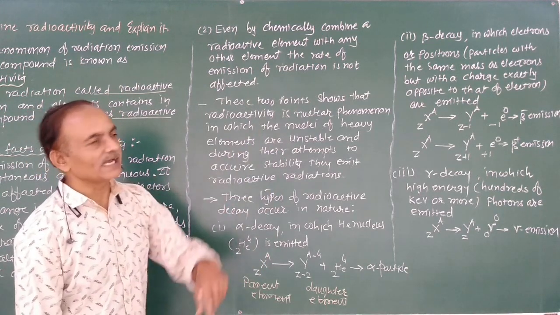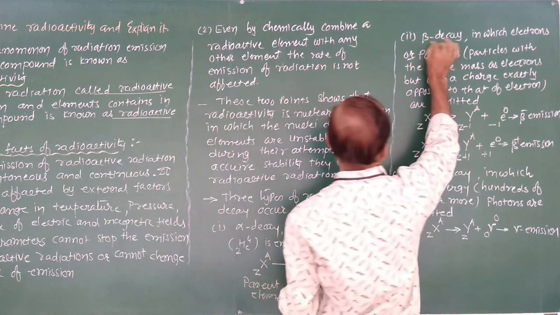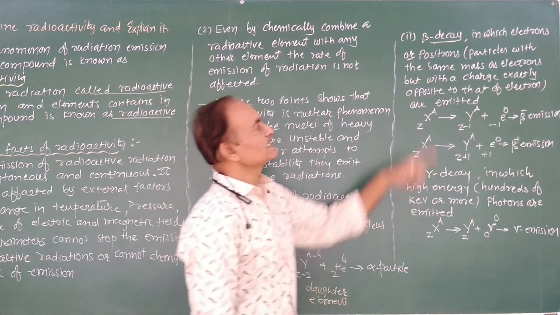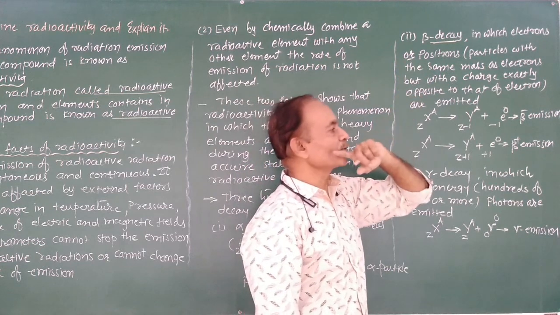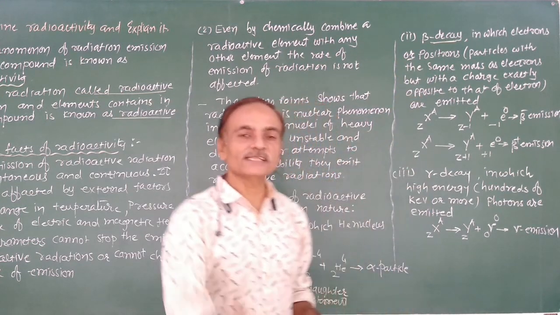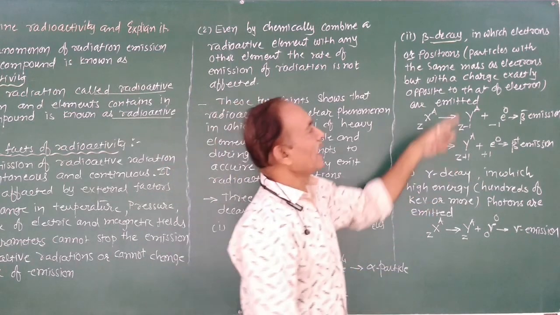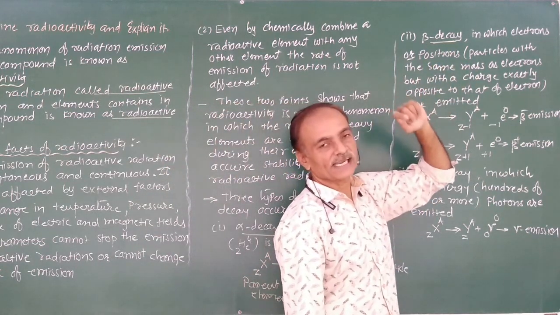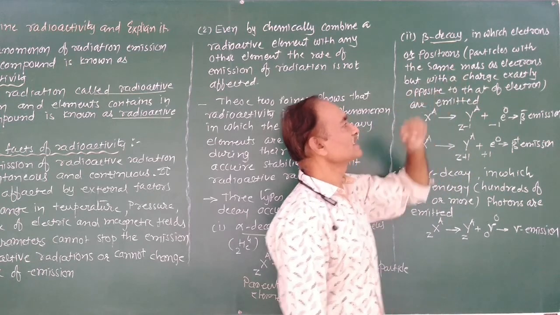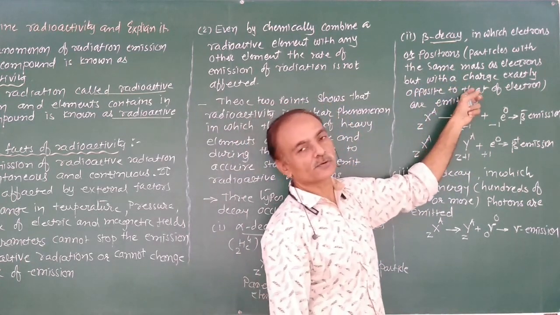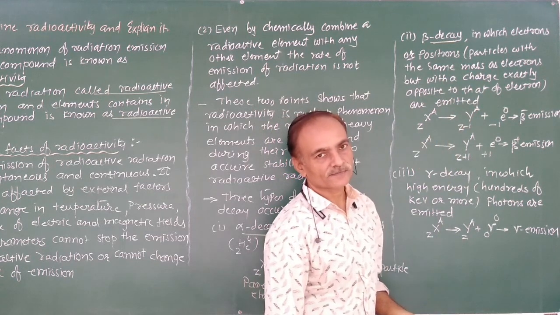The second radioactive decay is the beta decay, in which electrons or positrons are emitted. What is the positron? Actually, the positron is the antiparticle of the electron. It is a particle with the same mass as the electron, but with a charge exactly opposite to that of the electron.